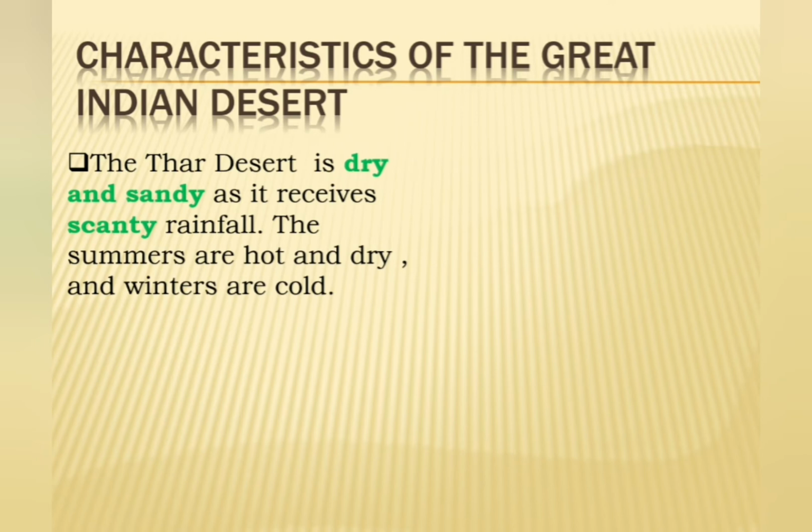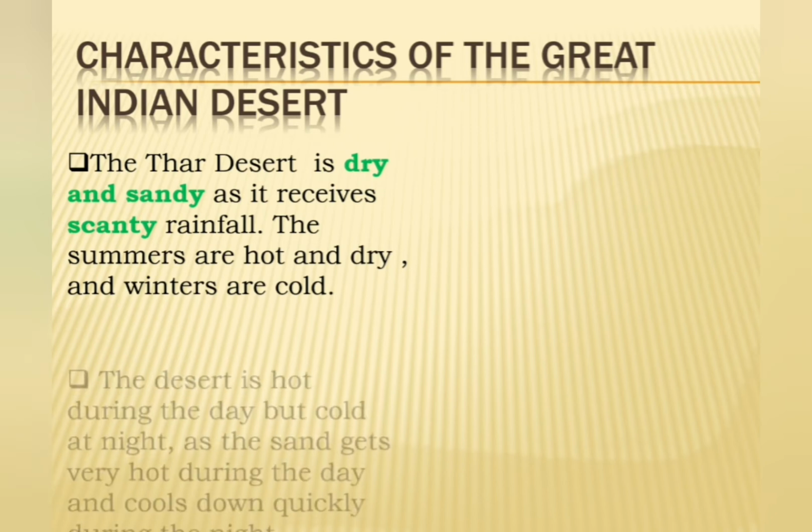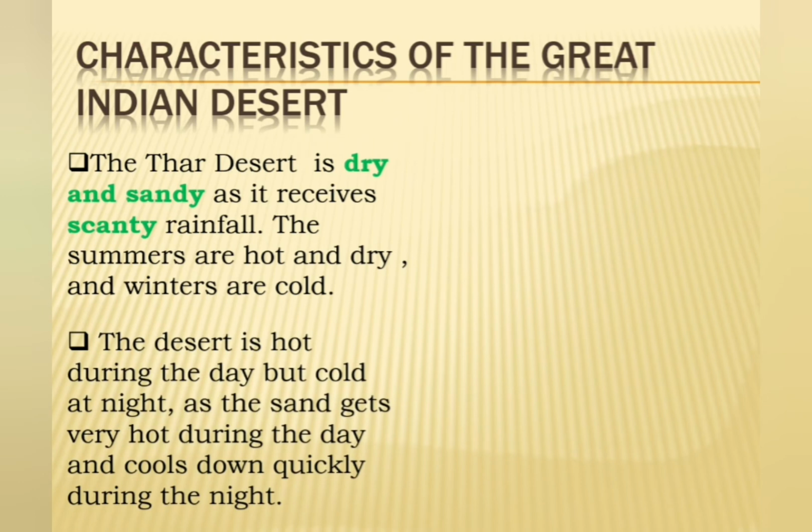What is the climate of the Thar Desert? The summers are hot and dry and winters are cold. The Thar Desert is hot during the day but cold at night, as the sand gets very hot during the day and cools down quickly during the night.